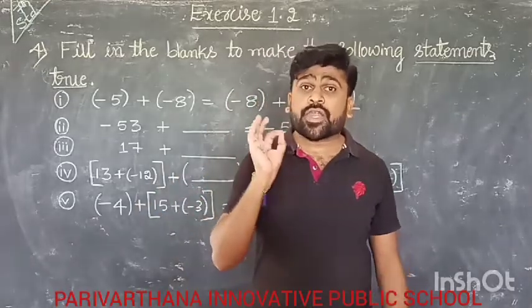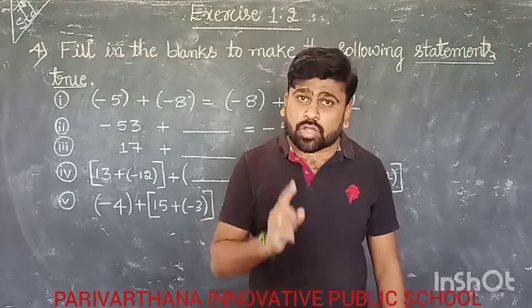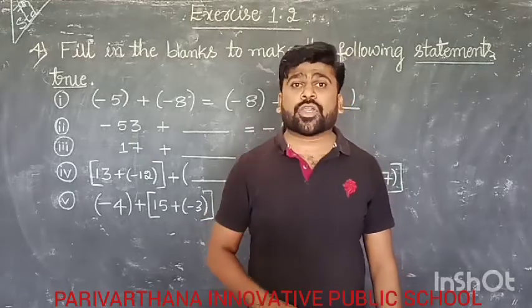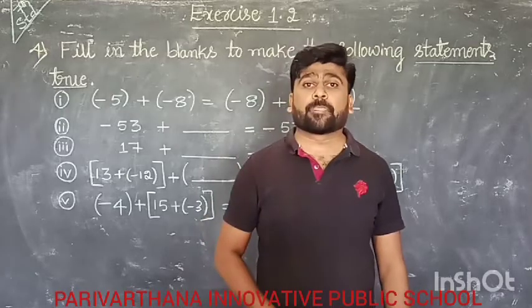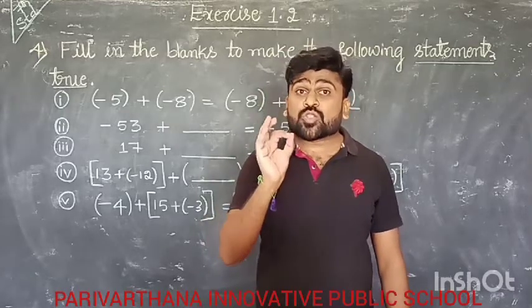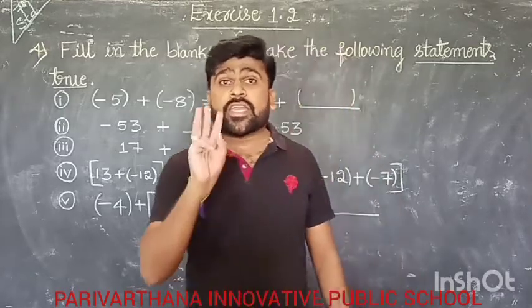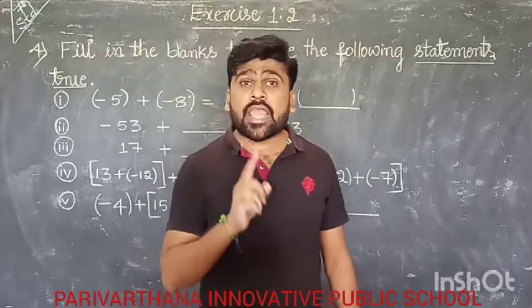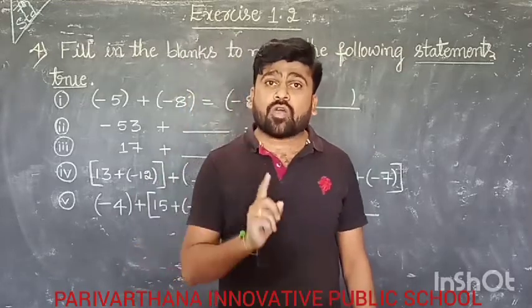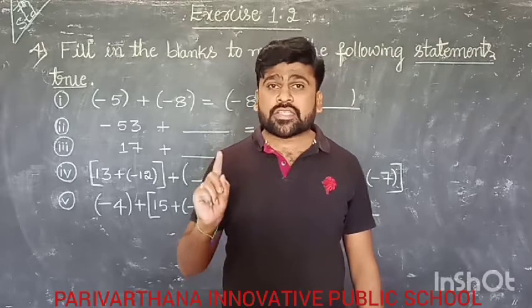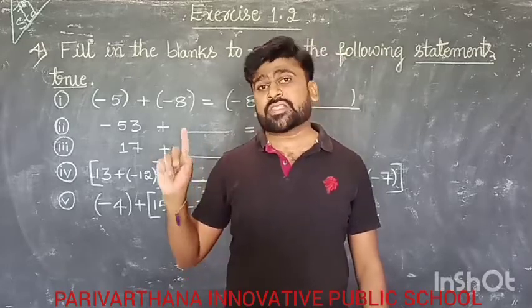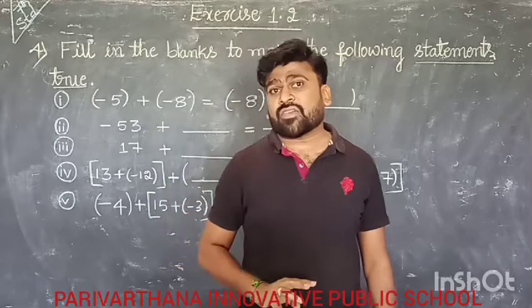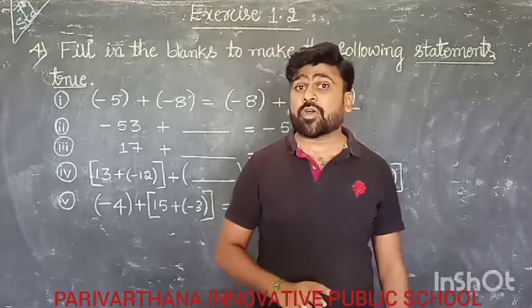This is commutative property. Closure property and commutative property belong to two numbers. But the associative property is for three numbers. A plus of B plus C is equal to A plus B of B plus C. If three numbers are given, it is associative property.